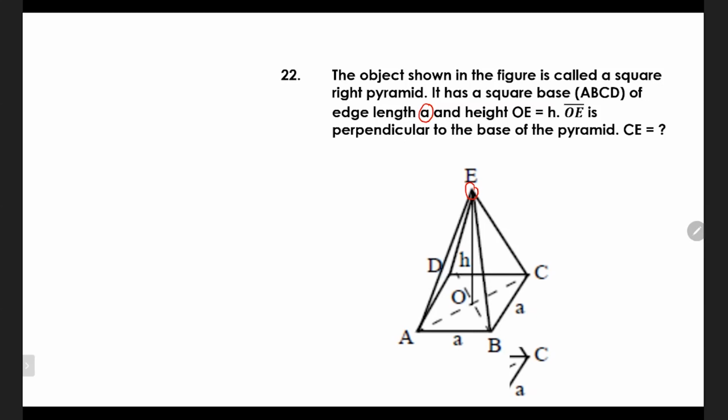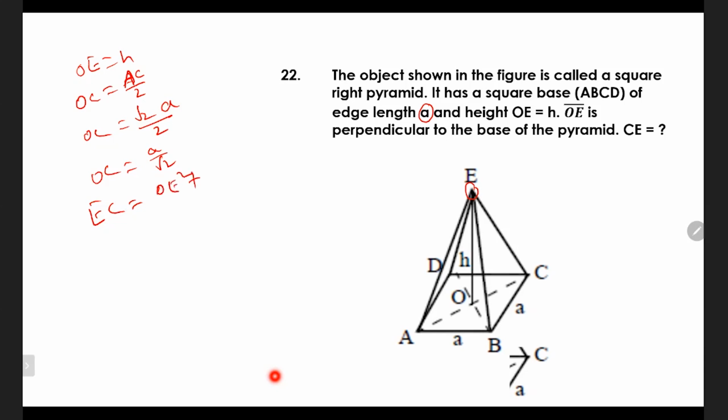So OE is equal to H. And OC is equal to AC by 2. AC is root 2 times A, by 2. That is A by root 2. That is OC. So now we want EC. EC is nothing but the square root of OE square plus OC square.